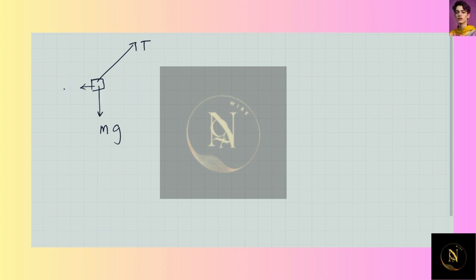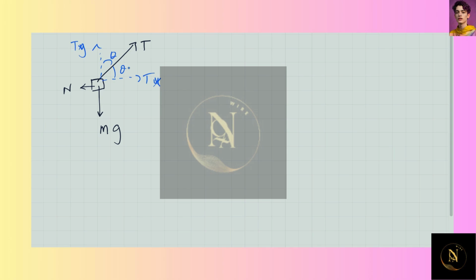The normal force is always perpendicular to the surface, and it's against a wall. So the tension has an x component and a y component. That's the x component, that's theta.